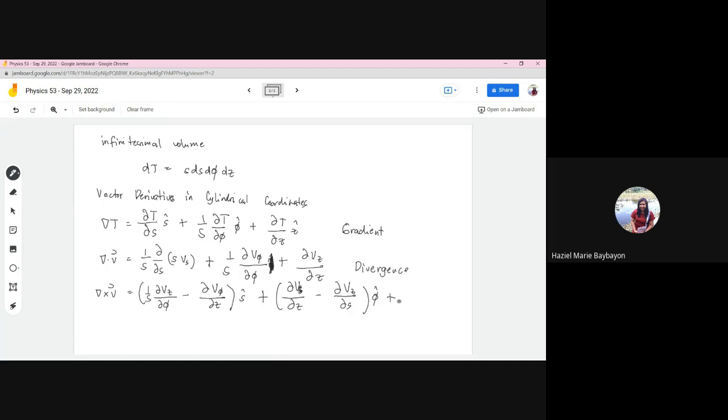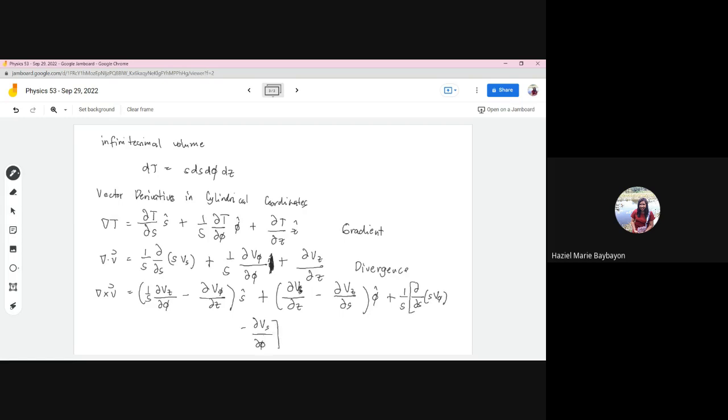And the last term is 1 over s multiplied by the partial derivative of s v sub phi with respect to s minus the partial derivative of v sub s with respect to phi.